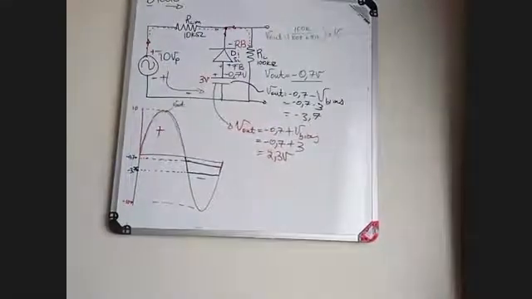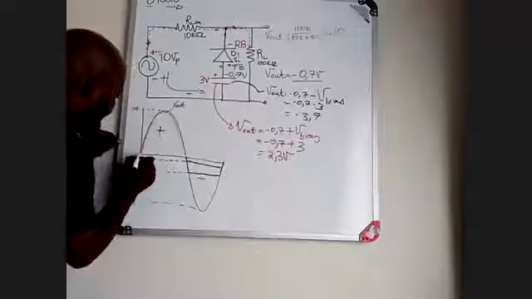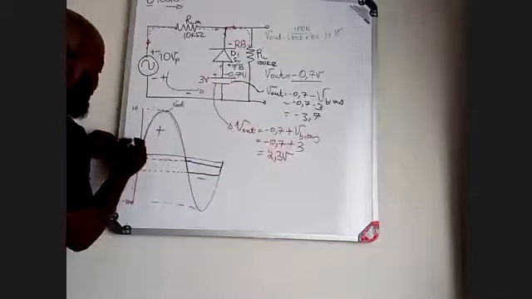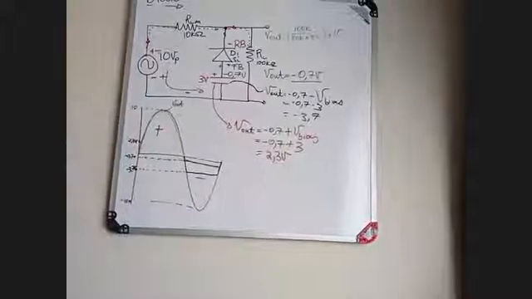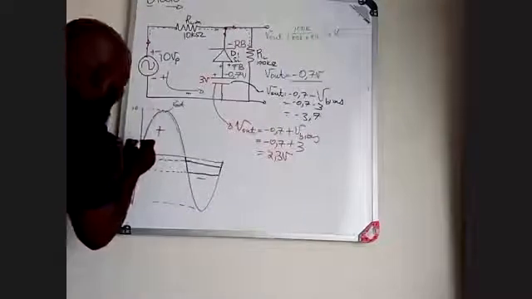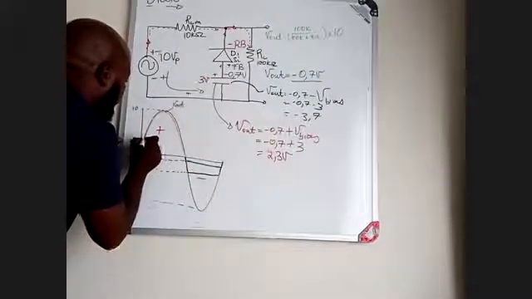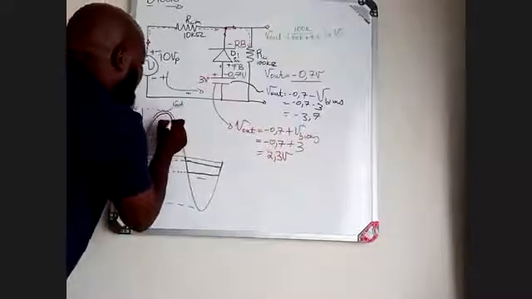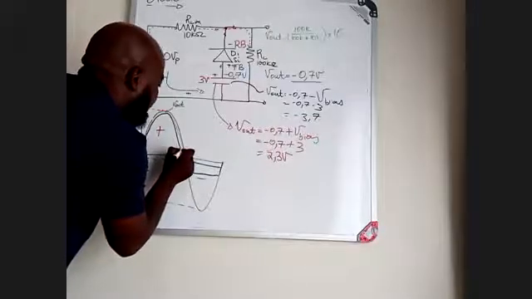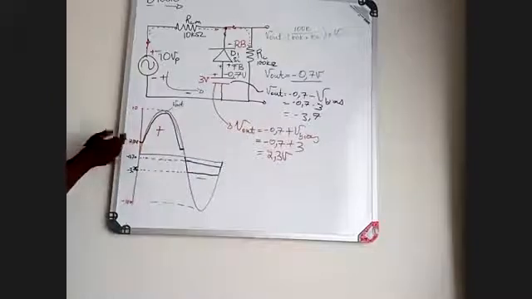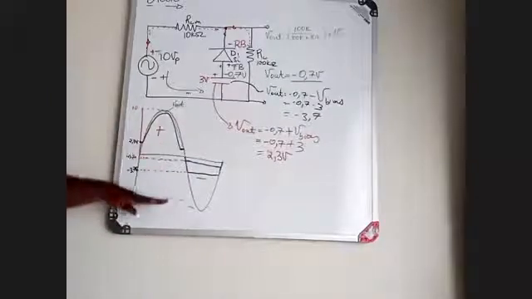When I look at my signal, everything that I bias with up until 2.3 volts is clipped off or eliminated, and the signal that is allowed to go to the output is that.